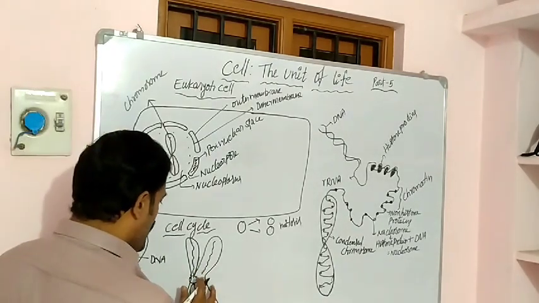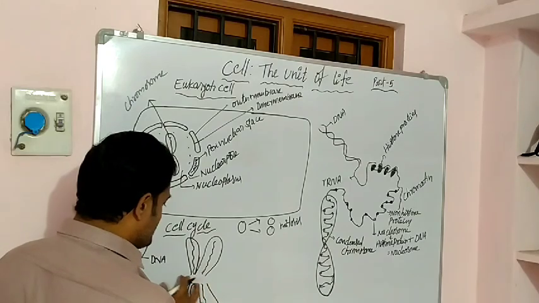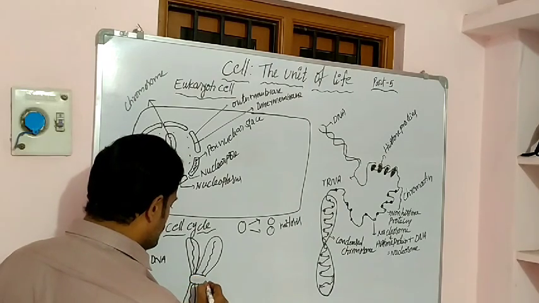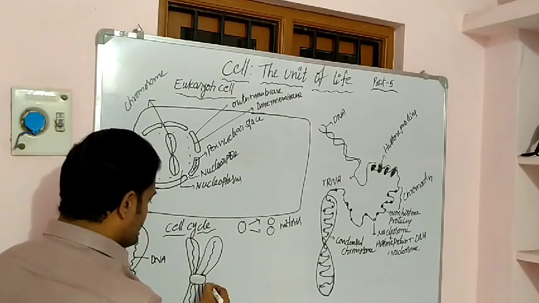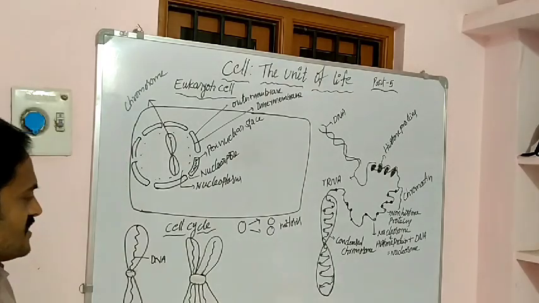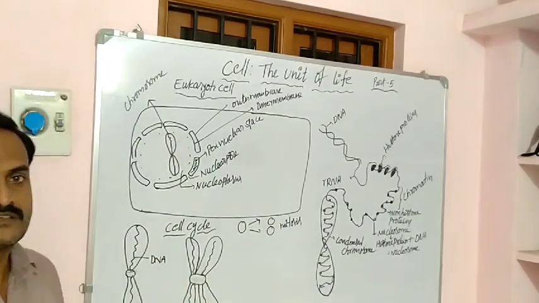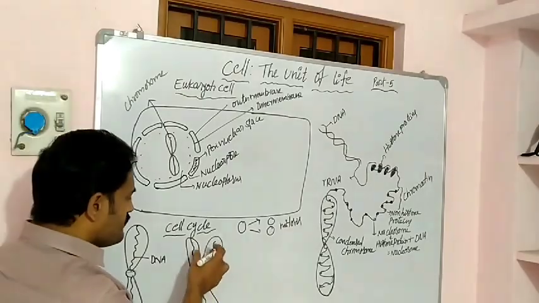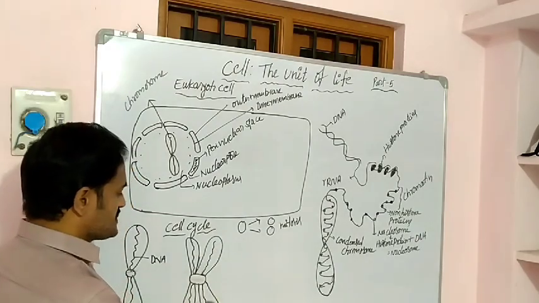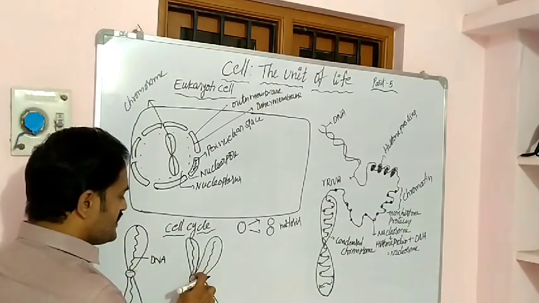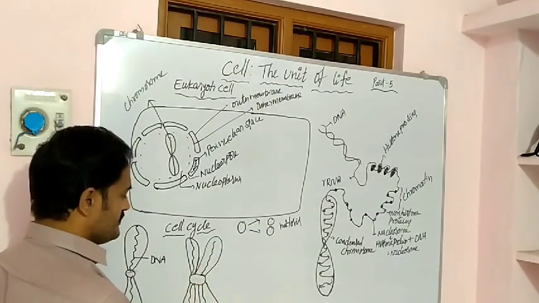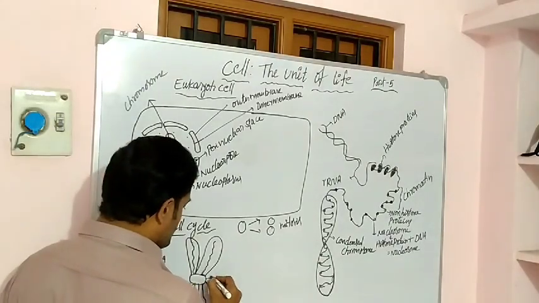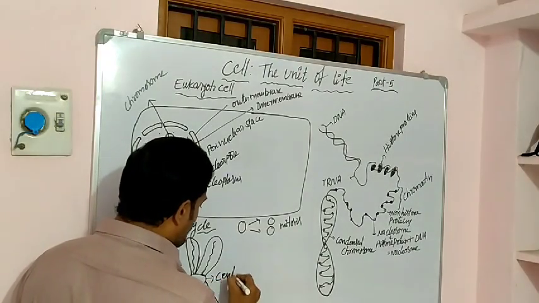And how we will tell this is a single chromosome means, remember, based on the centromere, where the chromosome structures are attached at one area. This area is called the centromere.